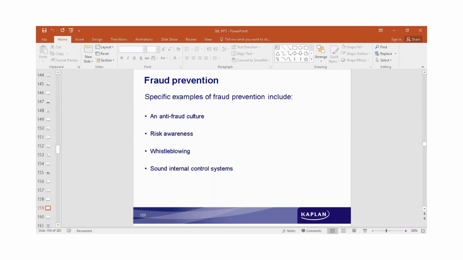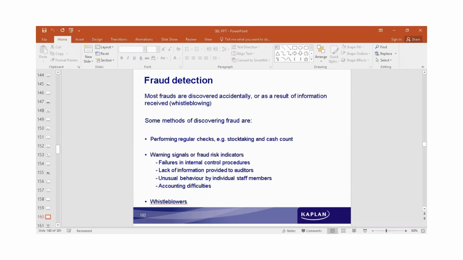In spite of taking prevention measures, still there is every possibility that fraud may happen in the organization. So when fraud happens, or in that process, it should also become possible to detect it. That's the second thing, fraud detection.